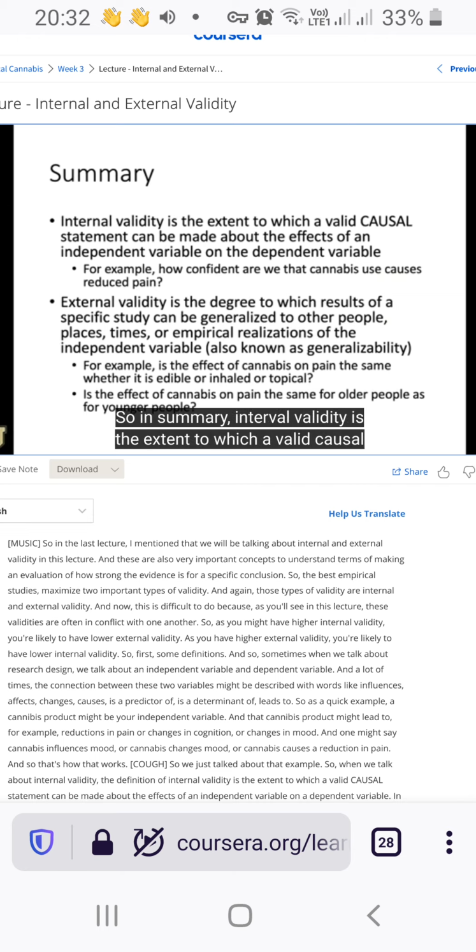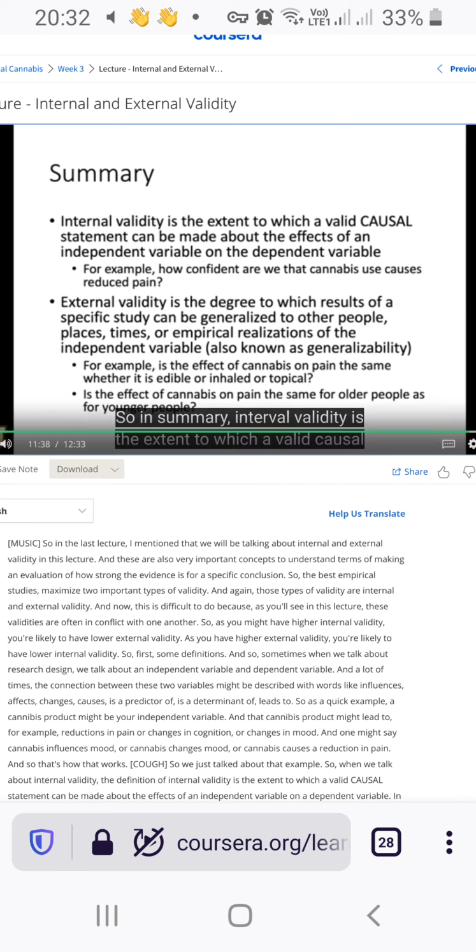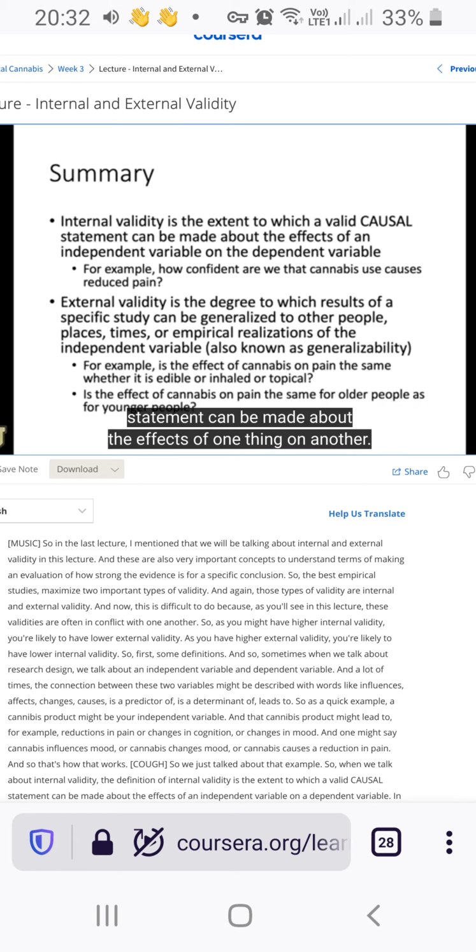So in summary, internal validity is the extent to which a valid causal statement can be made about the effects of one thing on another. For example, how confident are we that cannabis use causes reductions in pain? External validity is the degree to which results of a specific study can be generalized to other people, places, times, or empirical realizations of the independent variable.